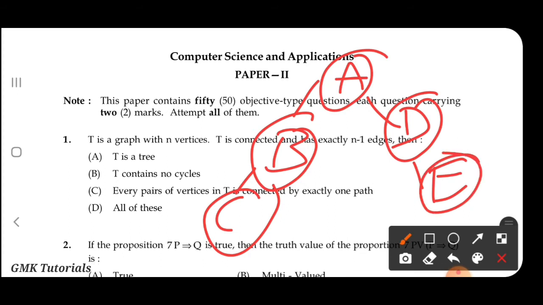Every pair of vertices in a tree is connected by exactly one path, and the total number of vertices is 5 and n minus 1 edges. So T is a tree and has no cycles. Every pair of vertices is connected by exactly one path. It satisfies all the options. So the answer is all of the above.